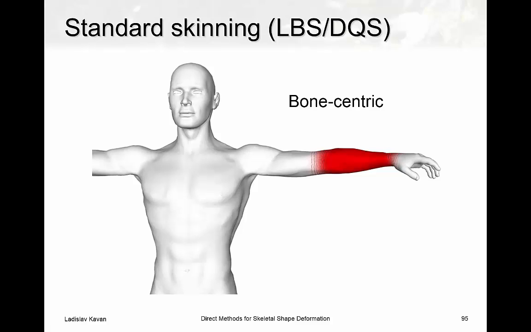We had one weight corresponding to the forearm, one weight corresponding to the upper arm, and so on. So the blending was happening somewhere in the middle. And the deformation primitives there were just rigid body transformations, both in dual quaternion skinning and in linear blend skinning. Each bone was just a rigid body transformation.